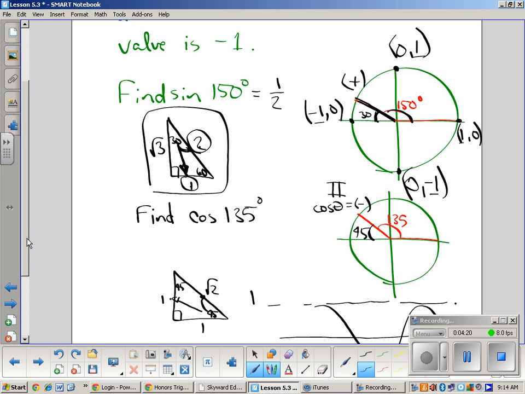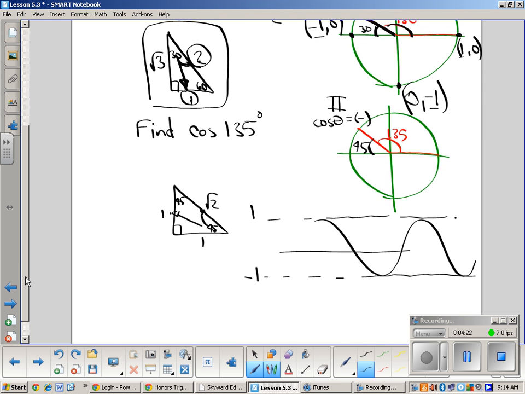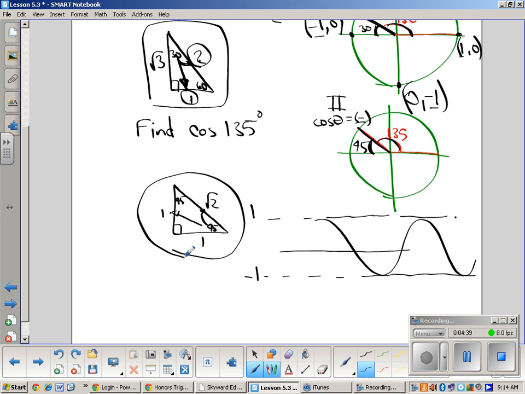Cosine of 135. In quadrant 2, cosine is negative. 135 degrees, the reference angle would be 45. So if we look at a 45-45-90 triangle, like right here, cosine is adjacent.